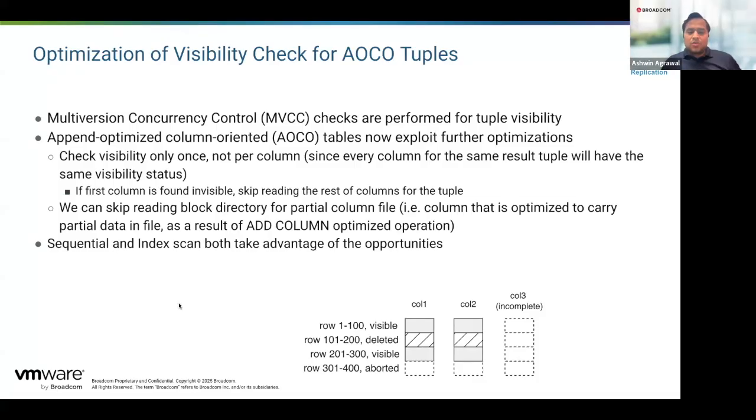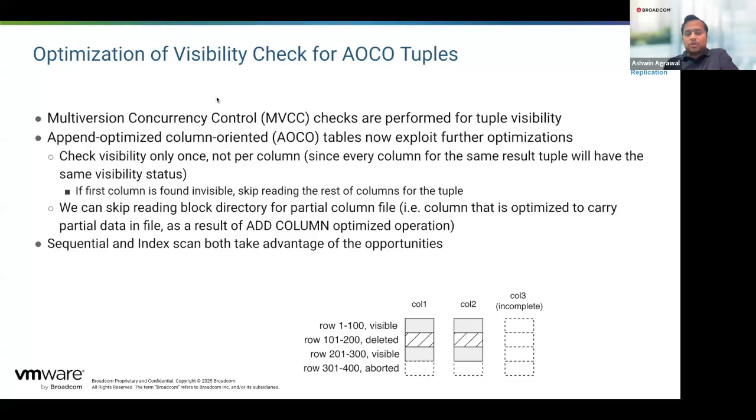Okay, so the next set of features which we will look at, which are part of 7.6, are on the same theme of improving columnar scans for AOCO tables. What we are doing is we added optimizations in the very hot path, which is visibility checking.